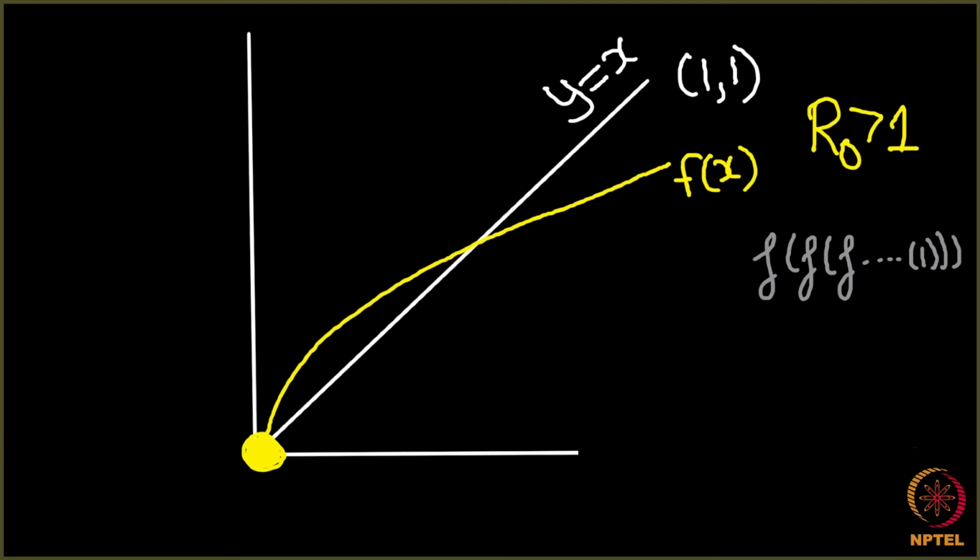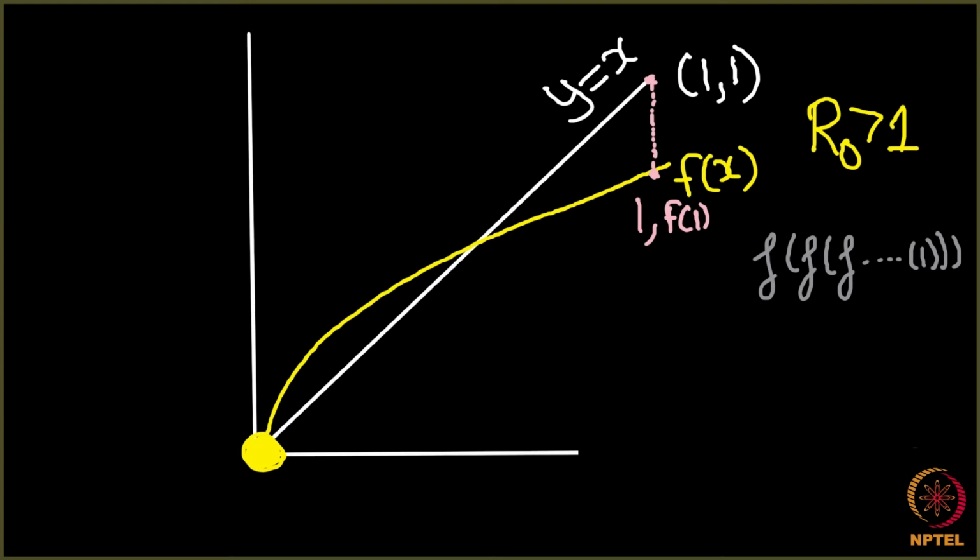Let's say I draw a line vertically here. What do you think is this point? The value on the x-axis remains the same, which is 1, and the y value is on the function y equals f of x. So the value of y here is f of 1, and this point is 1, f of 1.